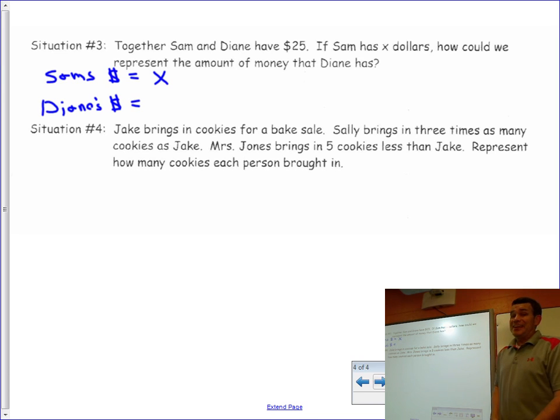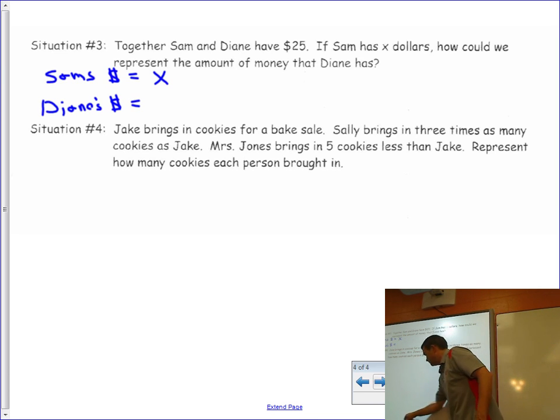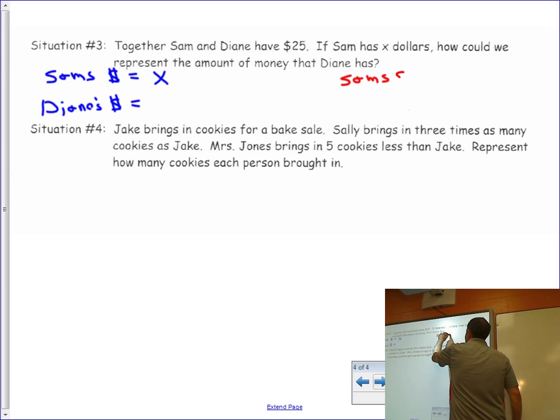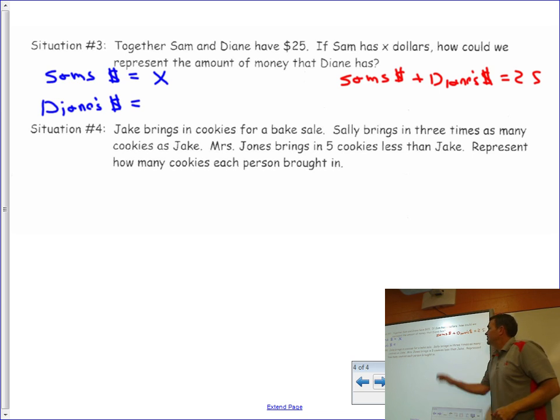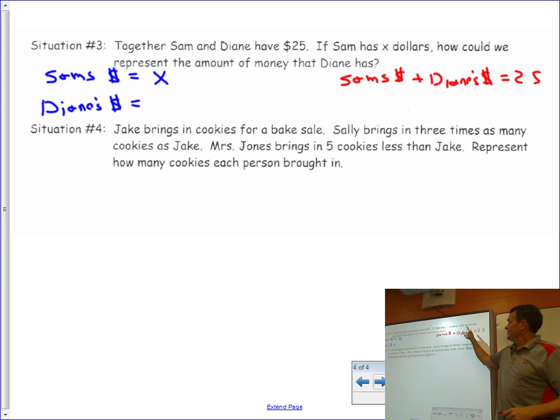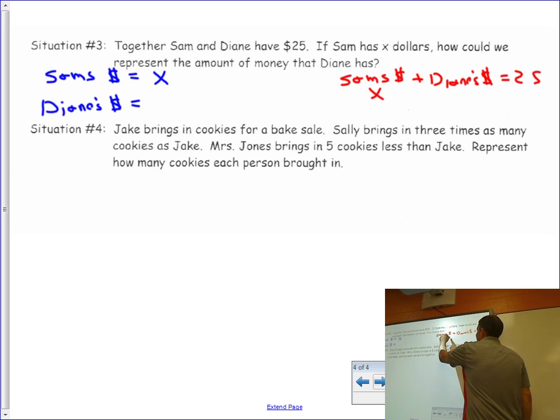All right, here's the way to think about this problem. Sam's money plus Diane's money equals $25. That's what they told me in the problem. And I know that Sam has X dollars.